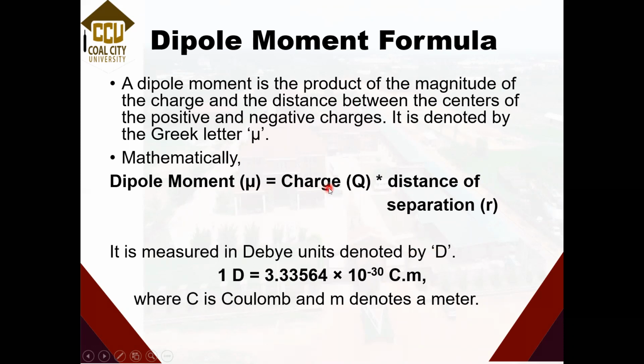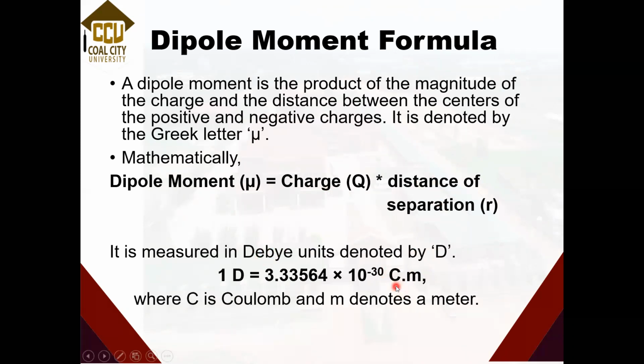Normally, if you multiply charge times distance of separation, the unit you will get is coulomb meters, because charge is in coulombs and distance is in meters. But in order for uniformity, we represent dipole moment using a unit called Debye, which is the name of the scientist who discovered this concept.